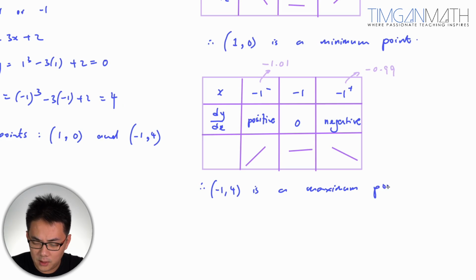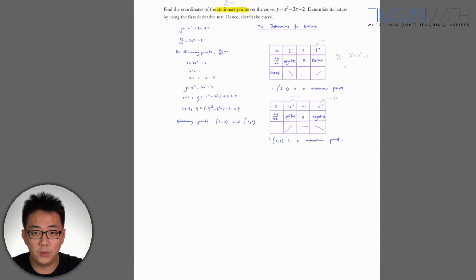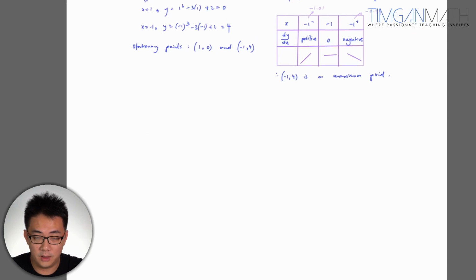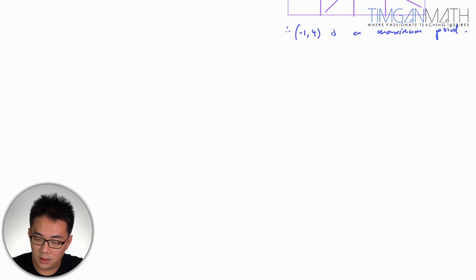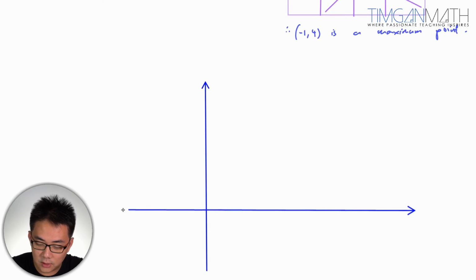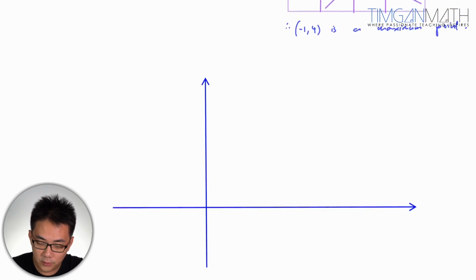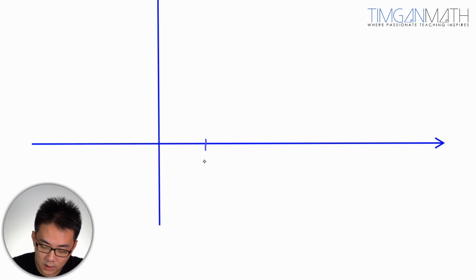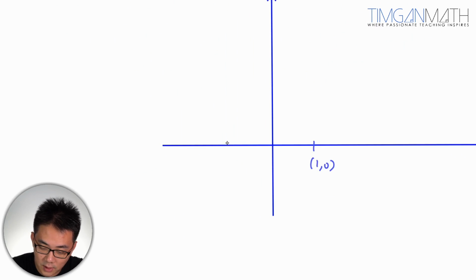That's pretty okay. After which we are told to sketch the graph. Sketching the graph is usually just plotting the point (1, 0) first. (1, 0) will be here on the axis, this is x, and for (negative 1, 4) we just try and draw to scale.